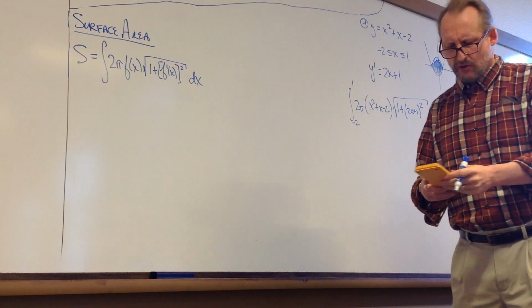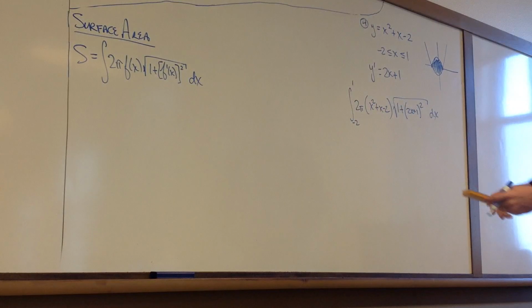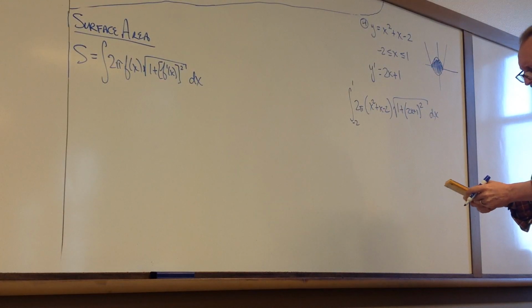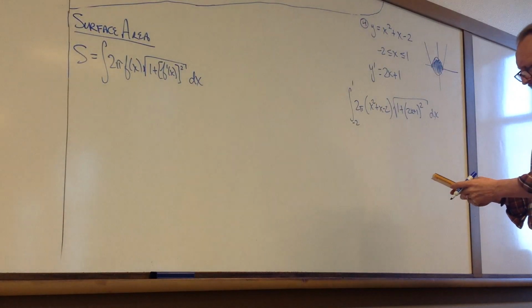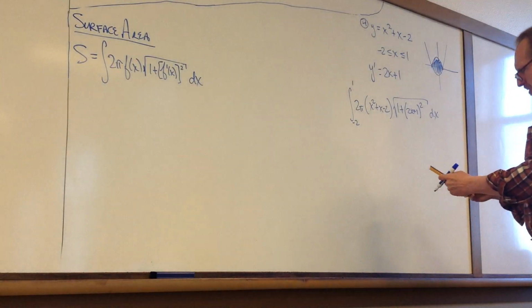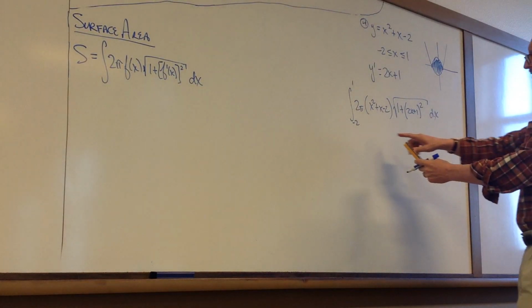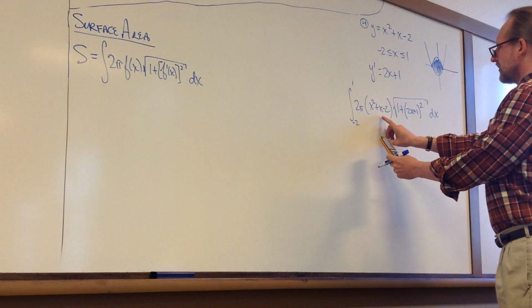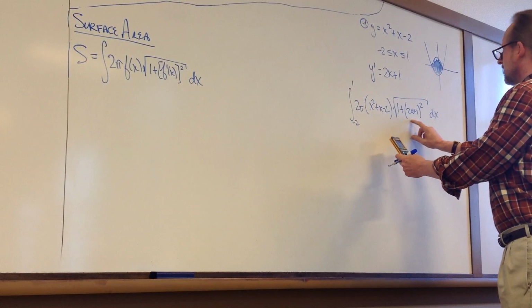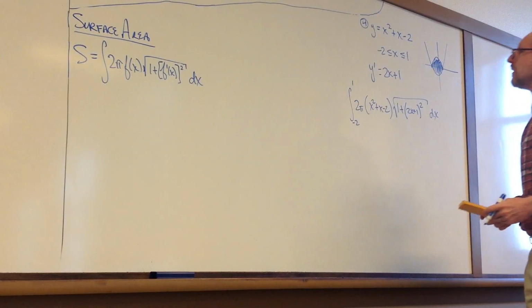Now we're going to enter this as our function: 2 pi, parentheses, x squared plus x minus 2, and then the square root of 1 plus (2x plus 1) all squared. And that ought to do it. I encourage you to double check what you've entered when you've got technology doing most of the work for you. Okay, so that looks good.